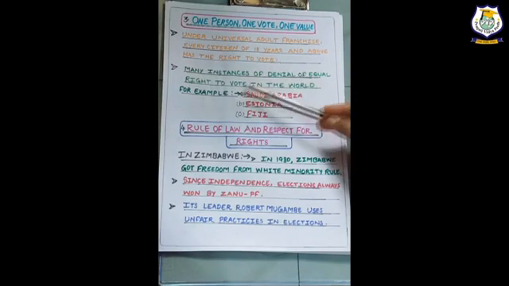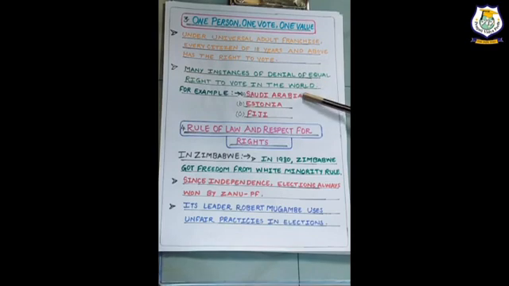But when we see other countries, take the example of Saudi Arabia: until 2015, women did not have the right to vote. So in this way, this feature of democracy is violated.